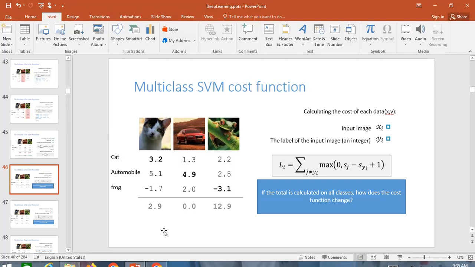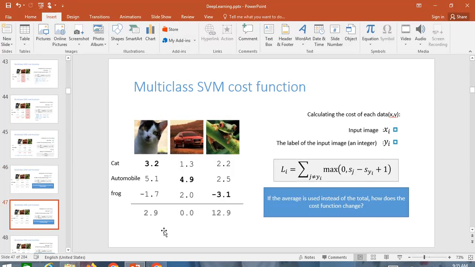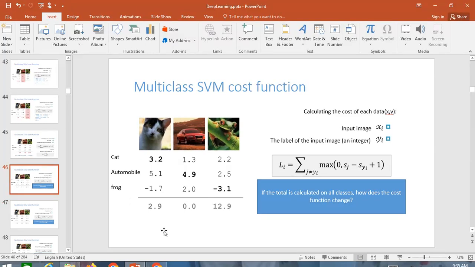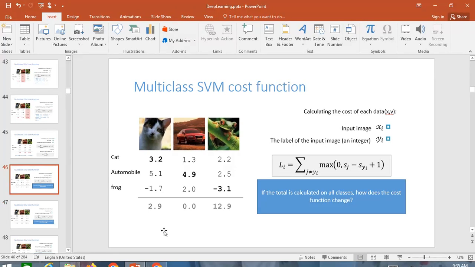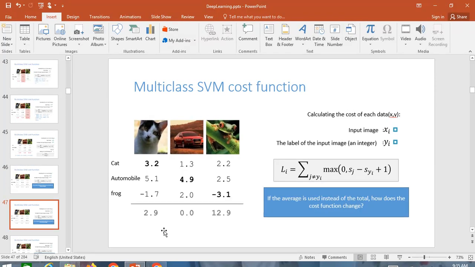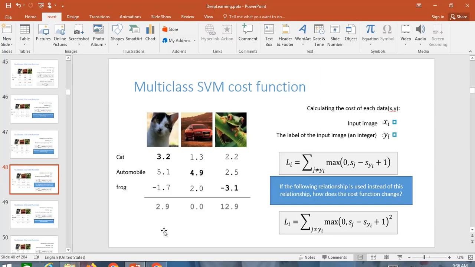Let's explain the error. Suppose we find a W that makes the error 0.